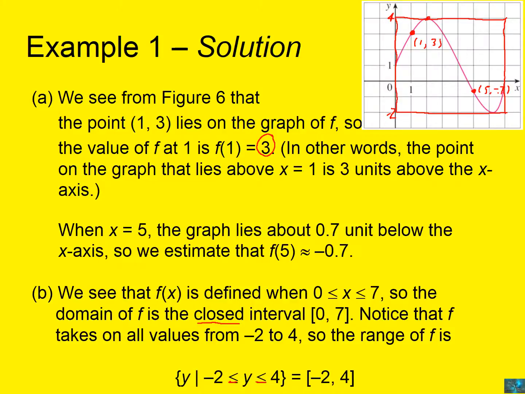Right? 4, that's part of the range. That's part of the set of y values because there's the point (2, 4) right on the graph there. So 4, we see that in the ordered pair. It's a y value. It is included in the range, so that's why we have the square bracket and not the round parenthesis. Likewise, -2.